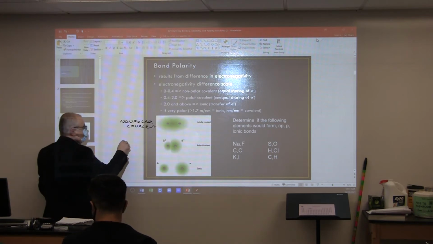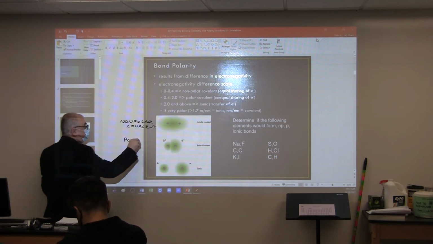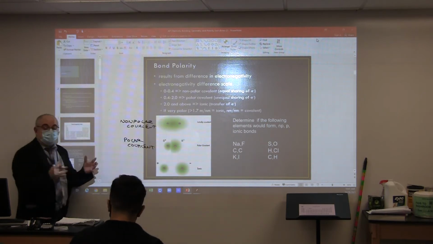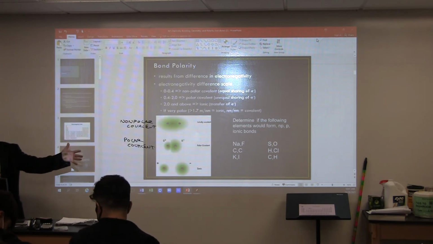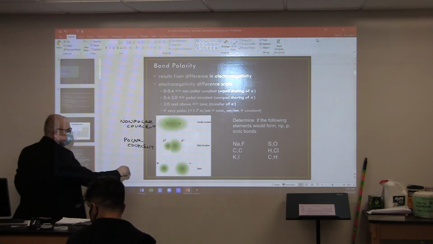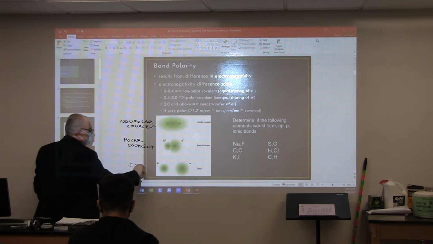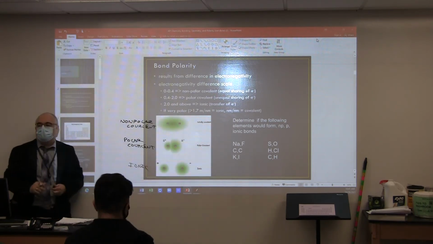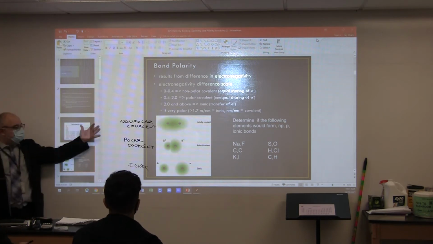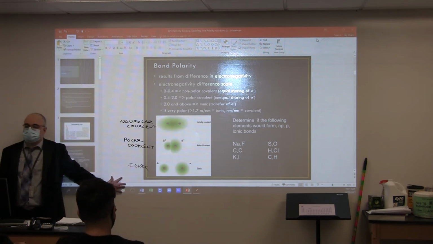In that case, we get a polar covalent bond, and then when we have a really big difference in electronegativity, as we see between nonmetals and metals, that's when it rises to the level of ionic. So if it makes you feel better to have a scale and do numerical calculations to compare, feel free. But I think the trend is enough to really get the gist of this.